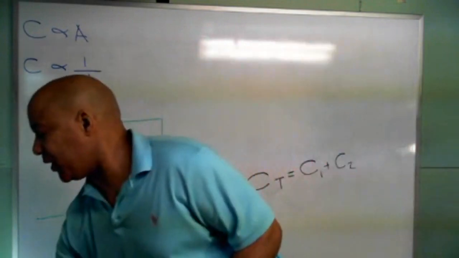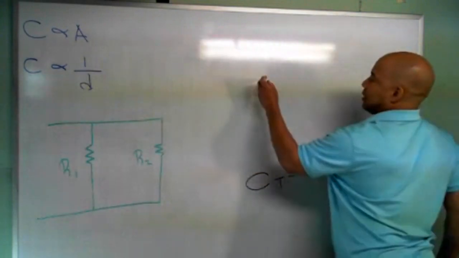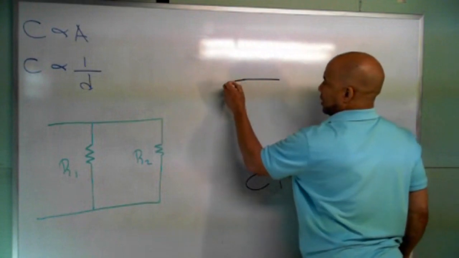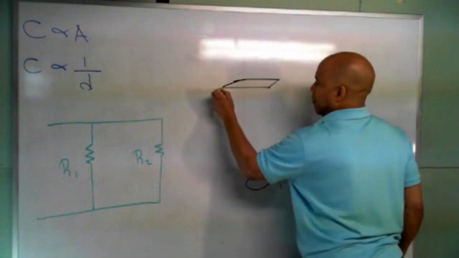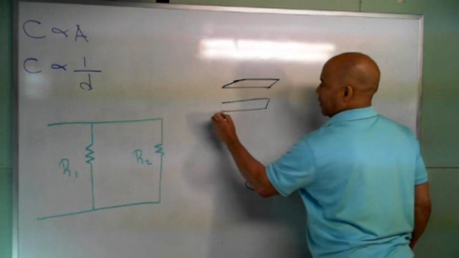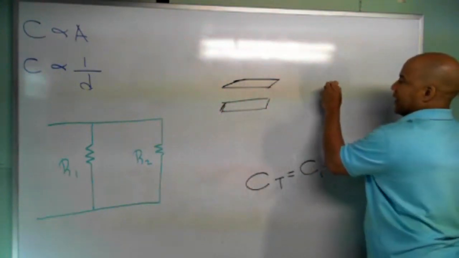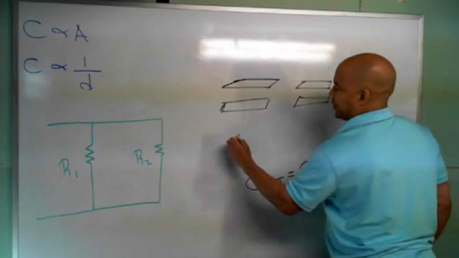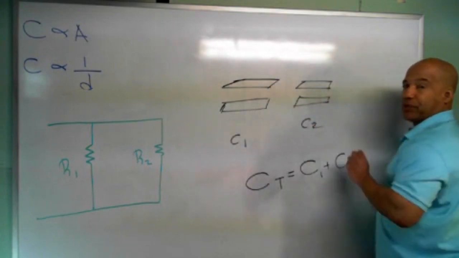If I have C1 and C2 now drawn, I'm not going to draw the dielectric between them, I'm just going to draw the plates. So here's one plate, and here is another plate. Here's a second capacitor plate, and there's the other plate. So this is C1, this is capacitor 2.